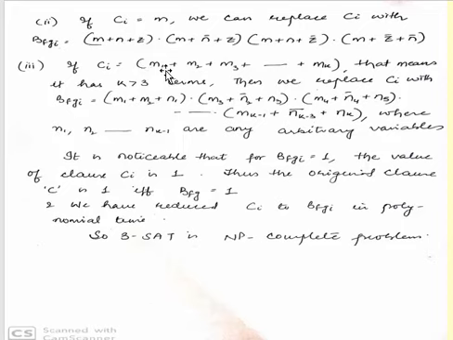So in this CNF format, the formula can be written like this: m1 plus m2 plus n1, where n1 is any arbitrary variable, and then you take this variable m3, then write n2 bar plus n3, then you write m4, then n4 bar plus n5, then m5 plus n5 bar plus n6, and so on.